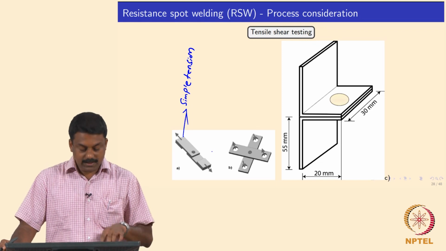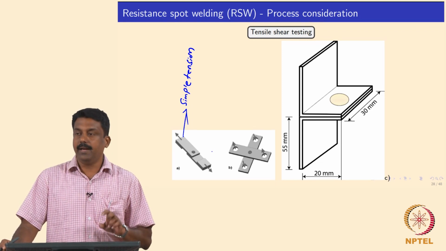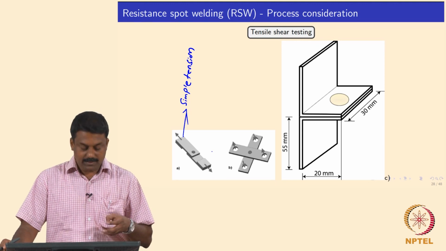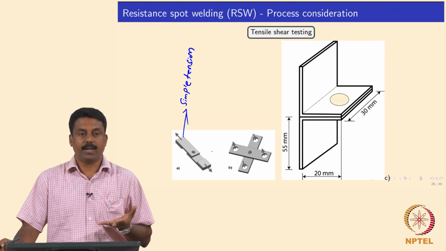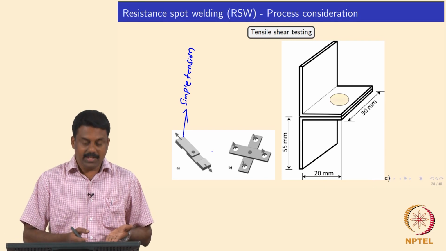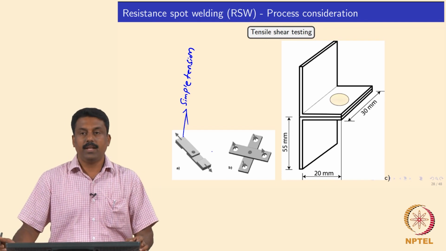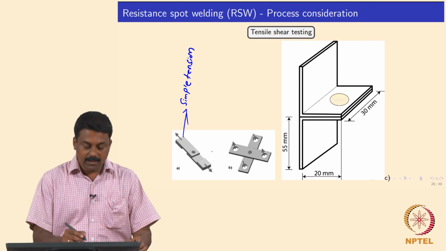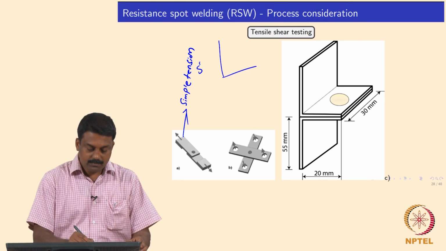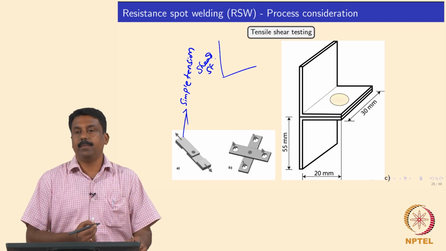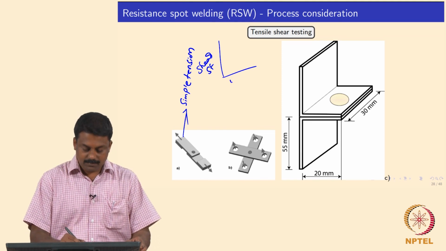And in this process we identify what is the maximum strength this interface, the weld, can withstand. So, in this case, generally it is a shear strength, because even if you are pulling it up, the interface will undergo a shear loading. So, we identify shear strength, generally as a function of weld nugget diameter.